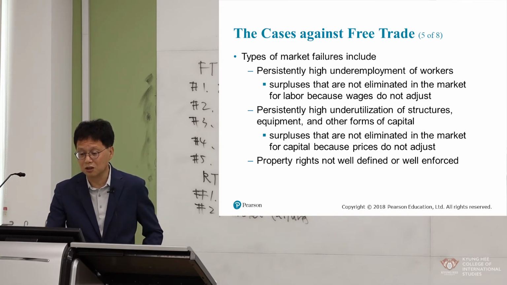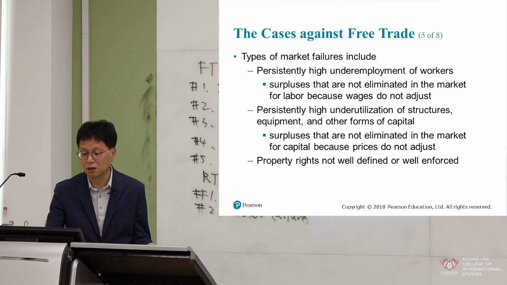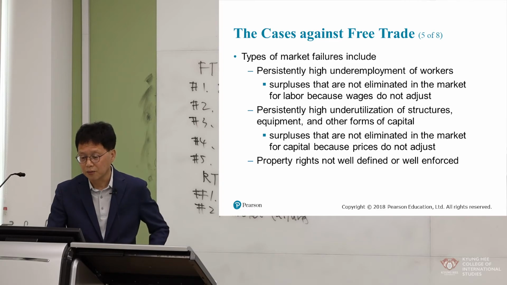And number two reason is unemployment of capital stock. Number one type is unemployment of labor, right? The second one is unemployment of capital stock. Okay? Persistently high underutilization of structures, equipment, and other forms of capital.